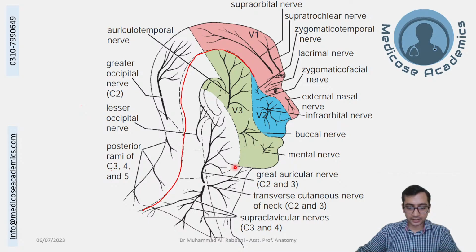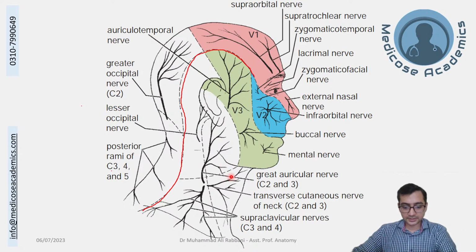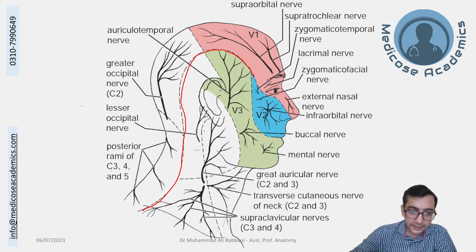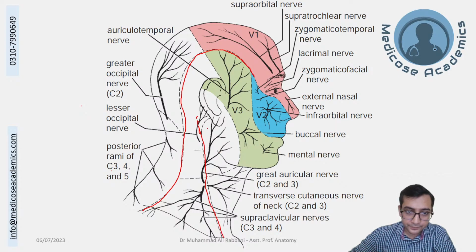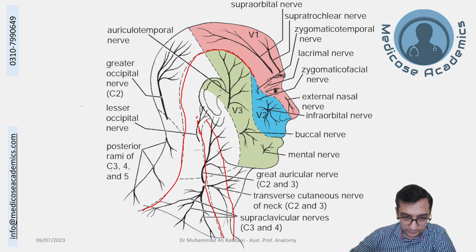Here, one minute, let me tell you one more thing. Let me draw this. Here along this line, there is a muscle, the sternocleidomastoid muscle, right at this line.